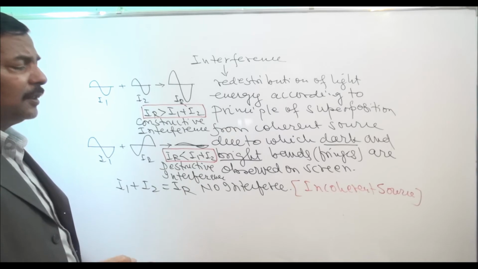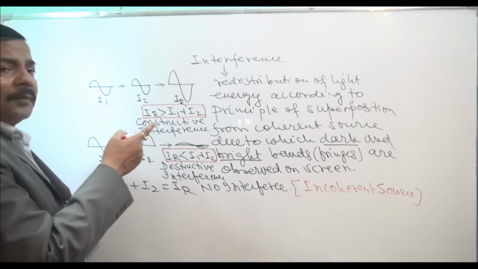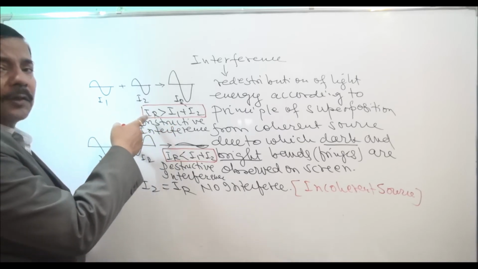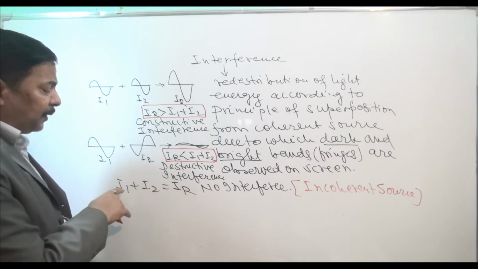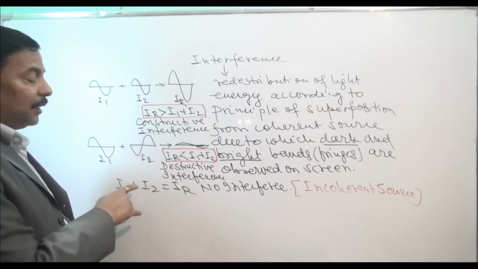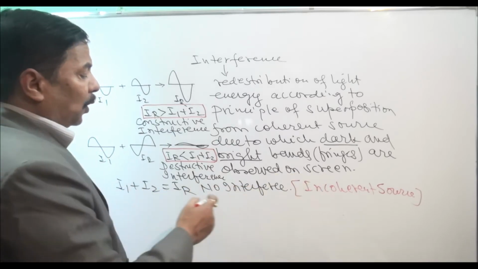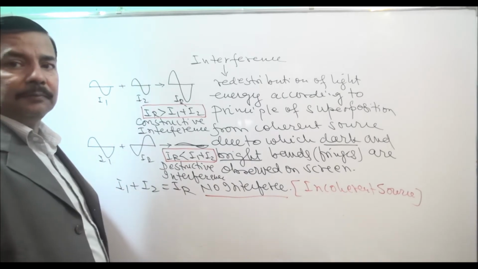So what is important to understand is that in interference the resultant intensity of the interfering waves should be more in case of constructive interference and less in case of destructive interference. And if the resultant intensity is the sum of the individual intensities of the two sources, then the sources are incoherent, and this we will not call interference of light.